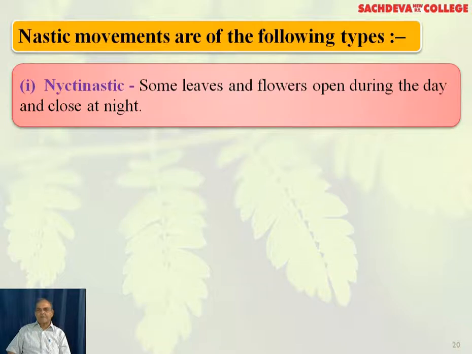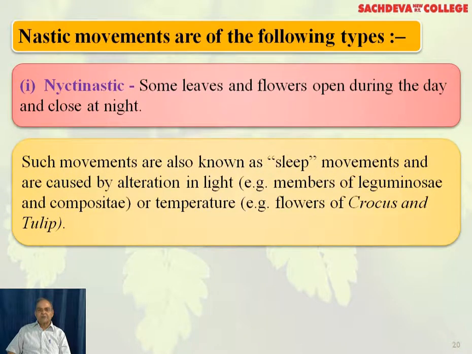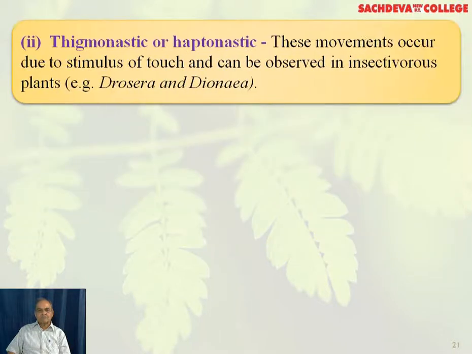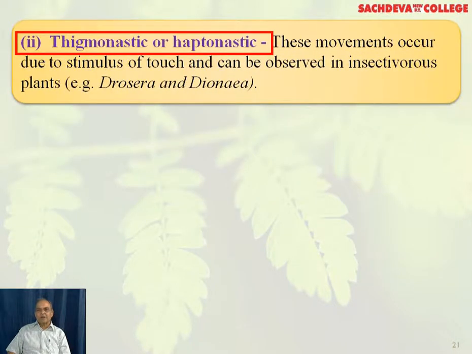Nyctinastic. Some leaves and flowers open during the day and close in the night. Such movements are also known as sleep movements and are caused by alteration in light, for example, members of Leguminosae and Compositae, or temperature, for example, flowers of crocus and tulip. Thigmonastic or haptonastic.